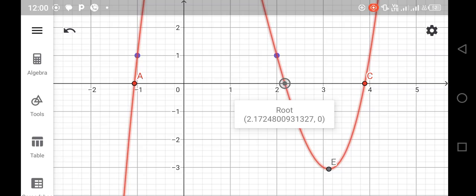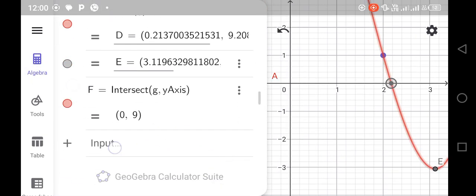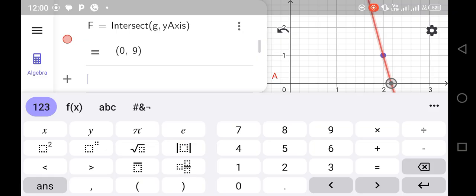Another question says, using the same axis, draw the graph of y is equals to 4 minus 4x. So another graph that we're going to draw is a linear equation graph.